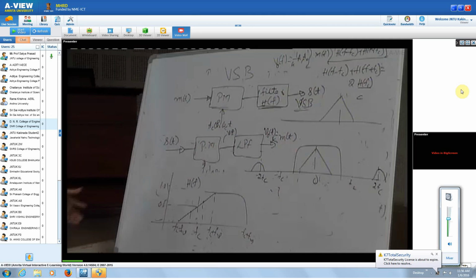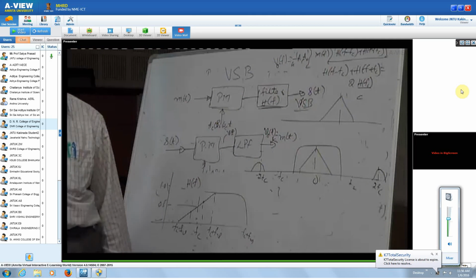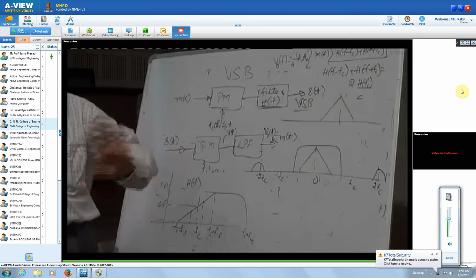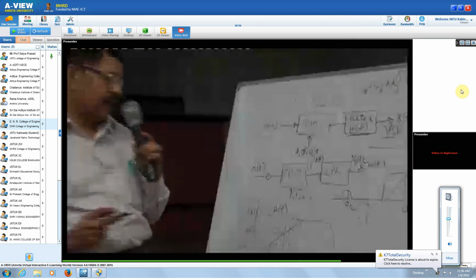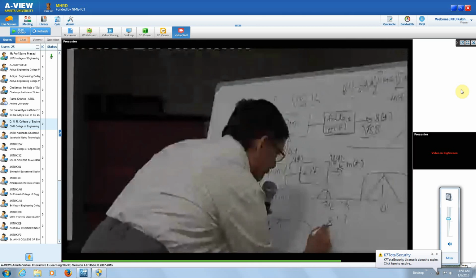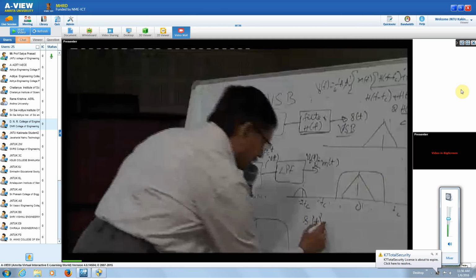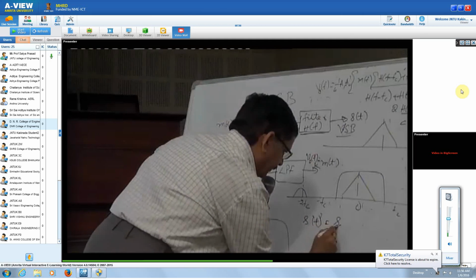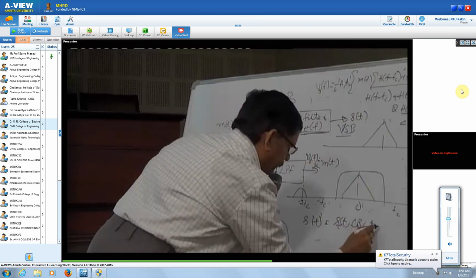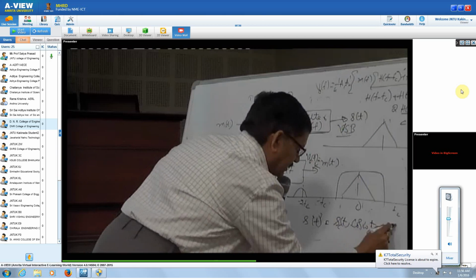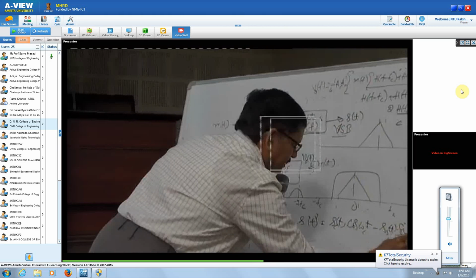In the case of SSB, we have got a time domain representation also, taking the in phase and quadrature phase signals. Therefore, your S of t, we can write as S C of t into cos omega ct minus S S of t into sin omega ct.